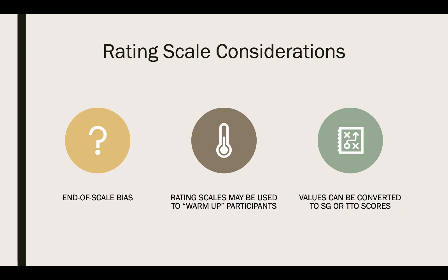But if you just want to use a rating scale, we can also take these numbers and convert them to a standard gamble model, which we'll go over in a minute, and also the time trade-off scores, which we'll also go over in a few minutes. So we can take values from this rating scale and use them in our other models to bolster our standard gamble and time trade-off models.